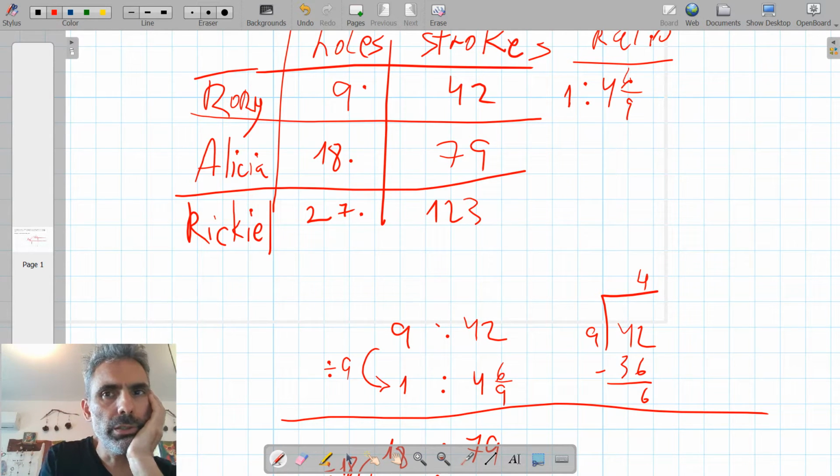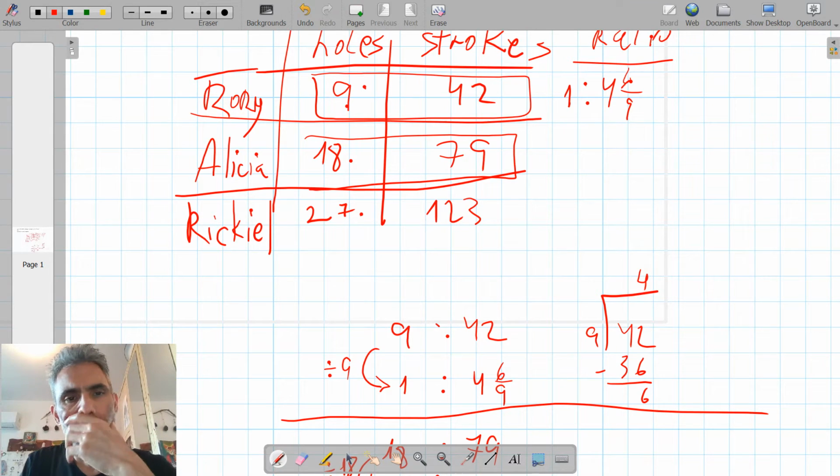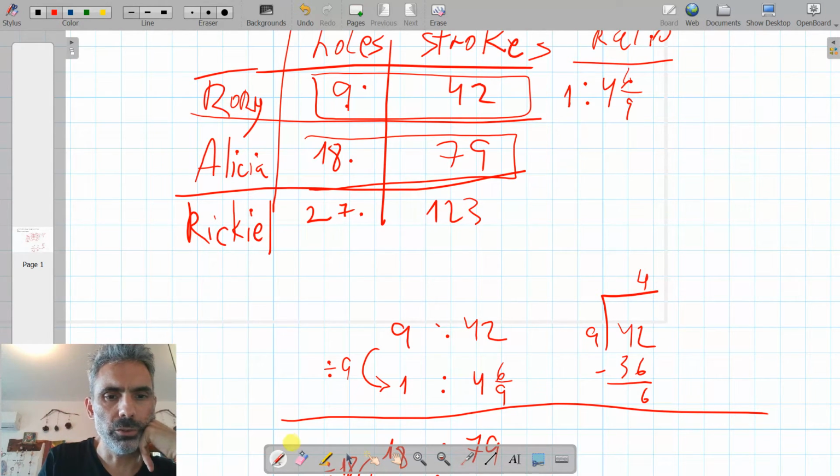So I can leave this ratio, or I can multiply this ratio by 2. I think it will be simpler. Yeah, let's try to bring everything to 27.